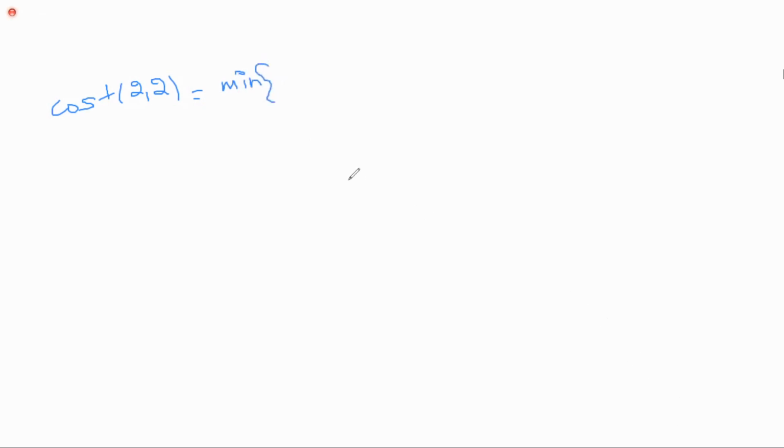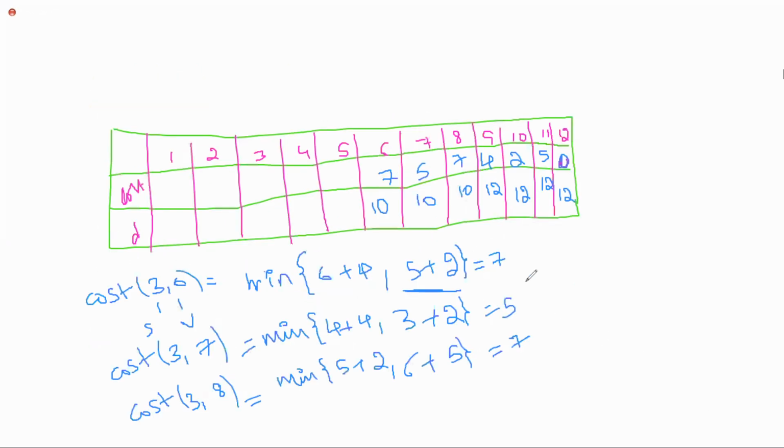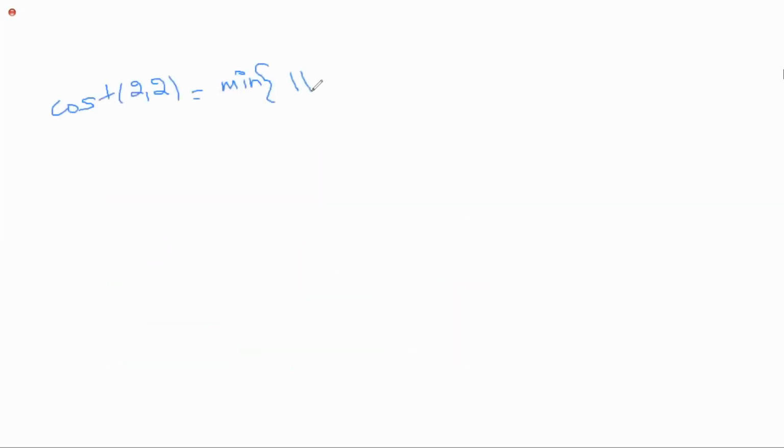Observe carefully. How many outgoing edges do we have? 3. So 4, and we already know the cost of 6 from the table, which is 7. So 4 plus 7 is 11, comma.